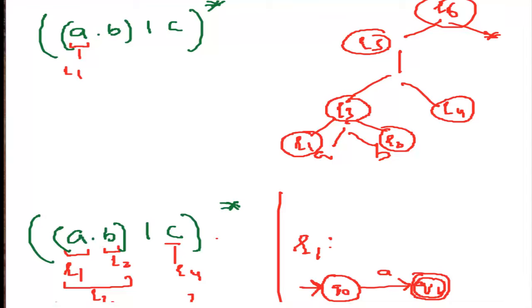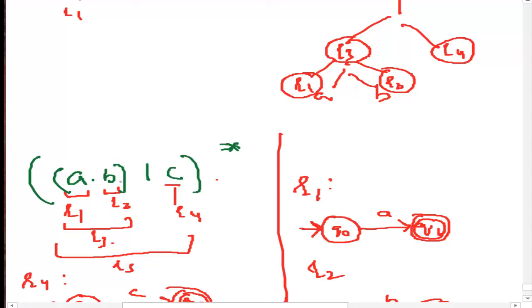Okay, done. I'm saying we have 1, 2, 3. When we count the operators, we don't have to count the parentheses. So we have 1, 2, 3, 4, 5, 6. So 6 times 2 is 12. So at most we can have 12 states.